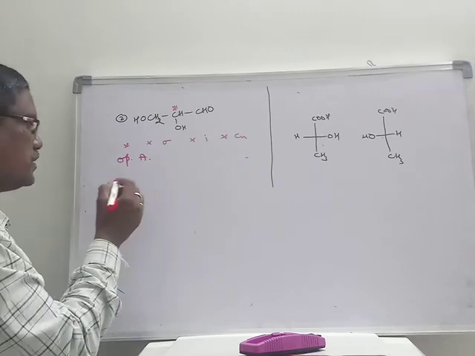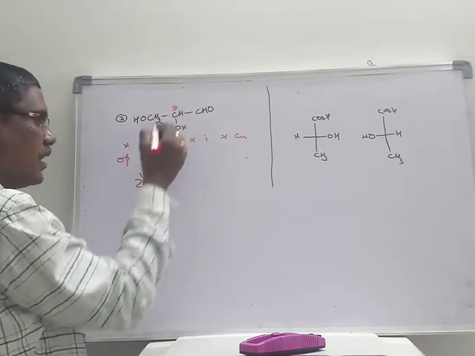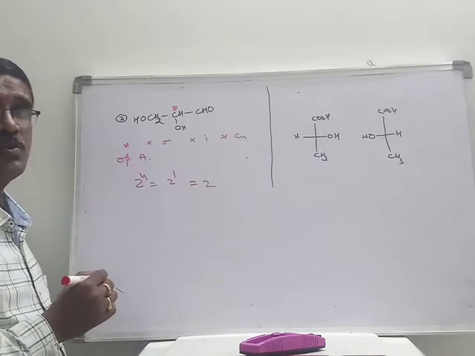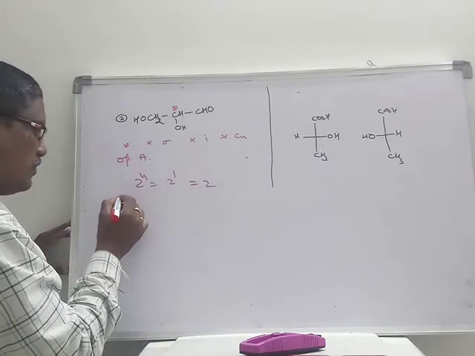And it exhibits 2 to the power of n isomers. Here the chiral carbon count is 1, so there are two isomers; the number of optical isomers is equal to 2.